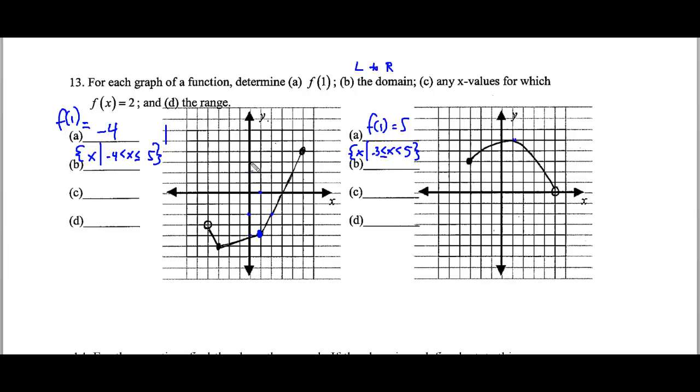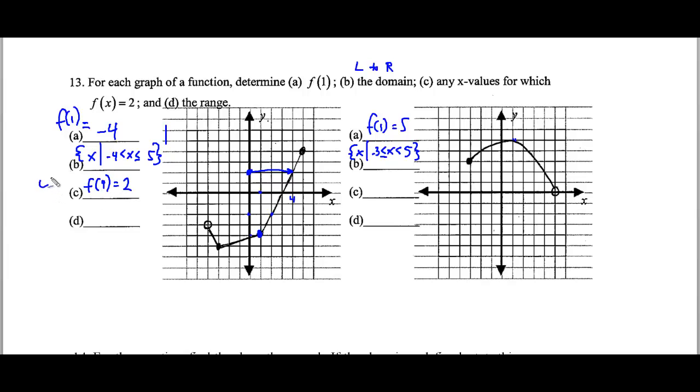Sorry about that. I'm going to go to my y at positive 2 here, and I'm going to go over to the line, and I can see that it looks like I'm going to be all the way over where x is equal to 4 when my y is at 2. So my f of 4 is at 2.